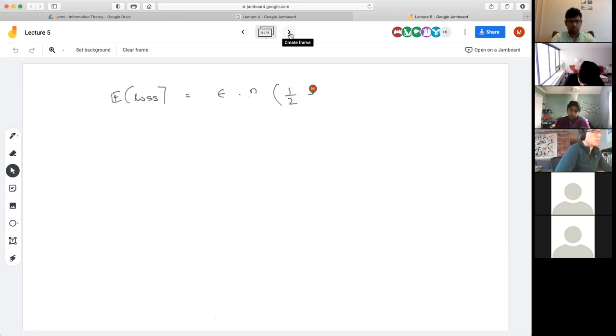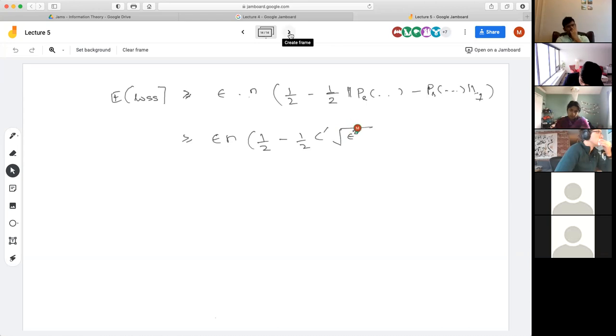So it's half minus half times the L1 distance between P_L and P_R, which is greater than or equal to epsilon n times half minus half times some constant times the square root of the KL divergence, which is epsilon squared n.